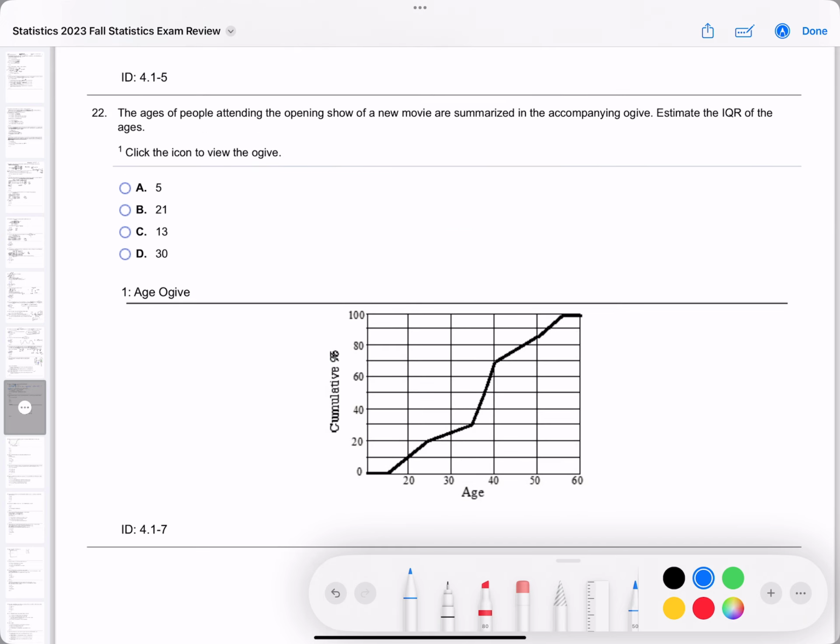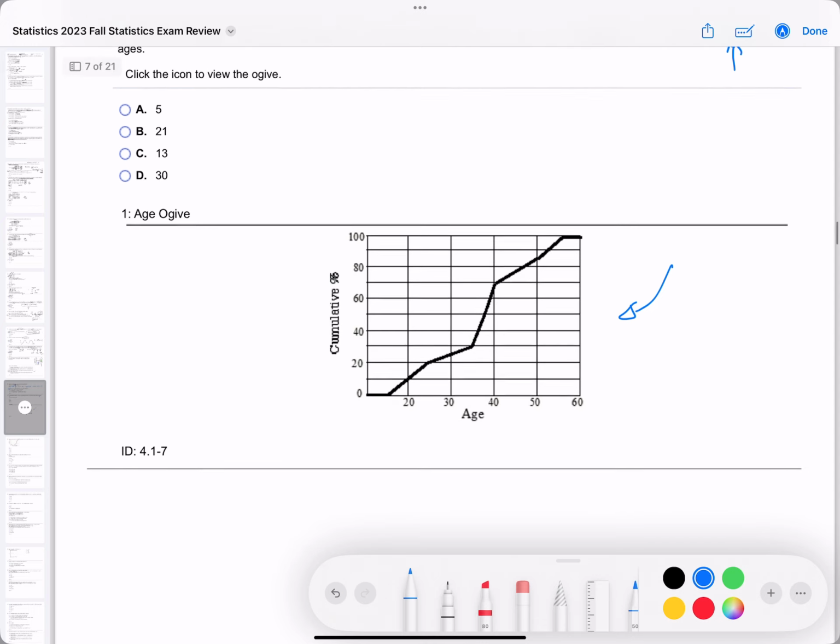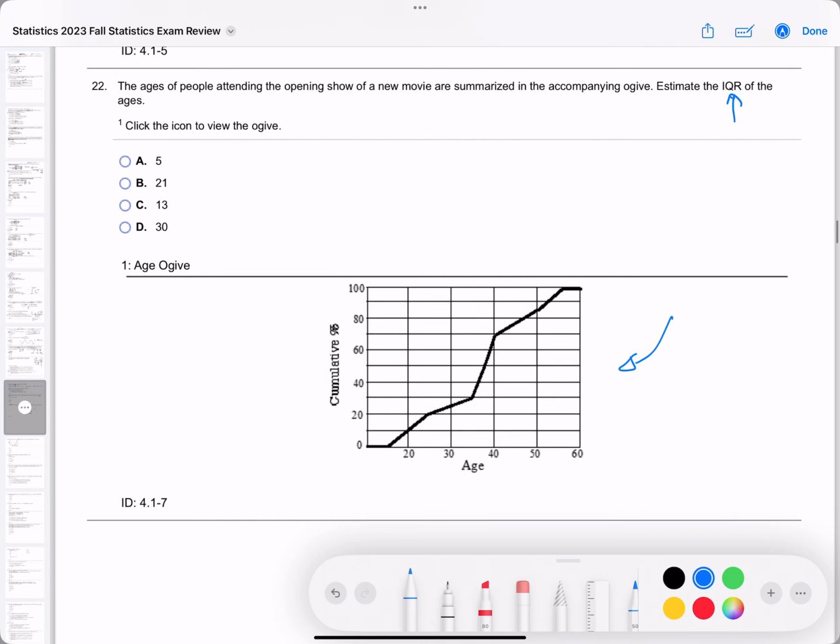Okay, for 22, the ages of the people attending a show and a new movie is summarized on an ogive. An ogive is just this right here, where it's showing a relative frequency. Estimate the IQR of the ages. The way you're going to do that is, IQR, if you remember, is 75% minus 25%.